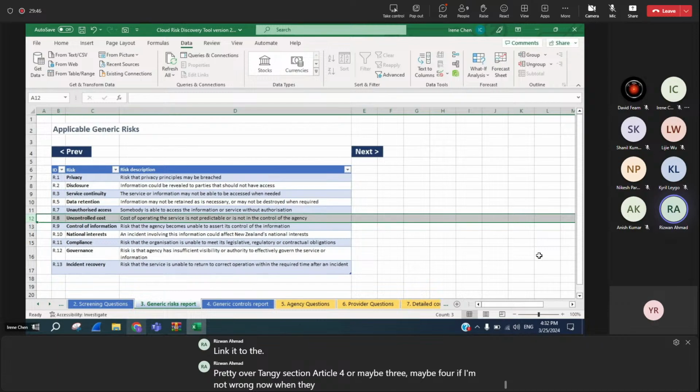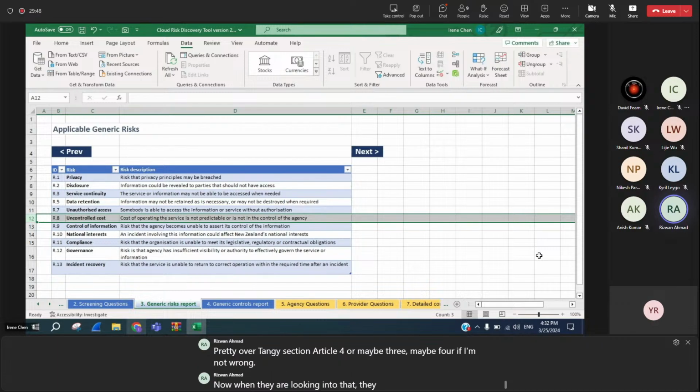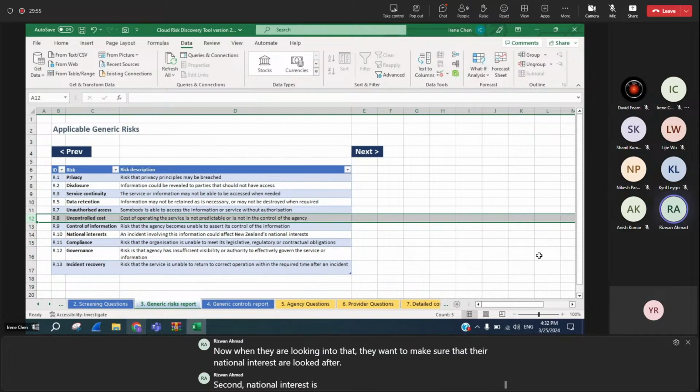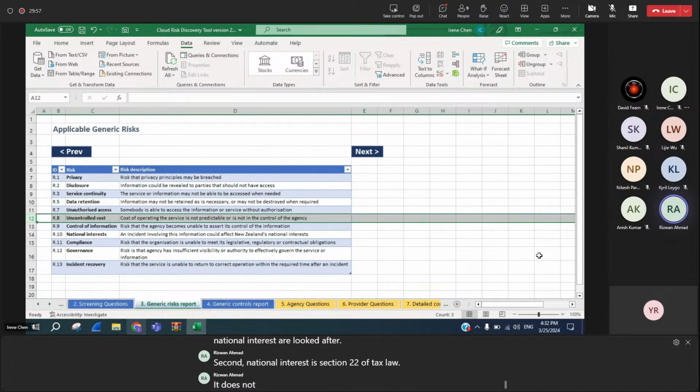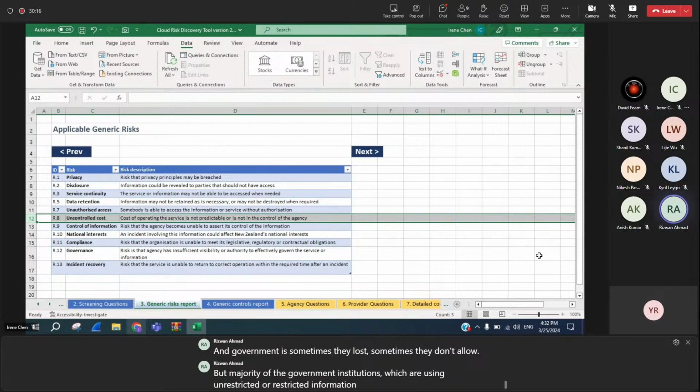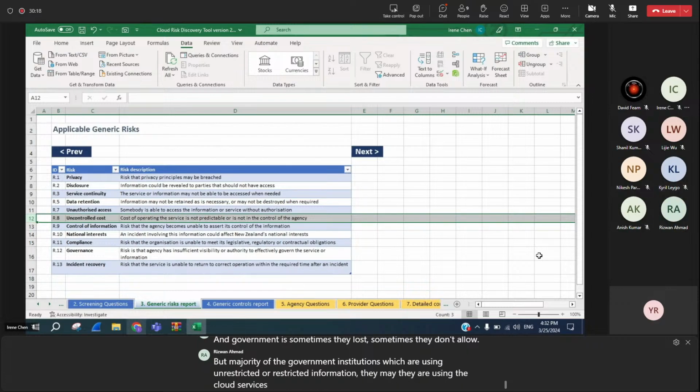When they look into that, they want to make sure their national interests are looked after. Second national interest is Section 22 of tax law, which does not allow you to move your data outside New Zealand. The government sometimes allows it, sometimes doesn't. But the majority of government institutions which are using unrestricted or restricted information are using cloud services.